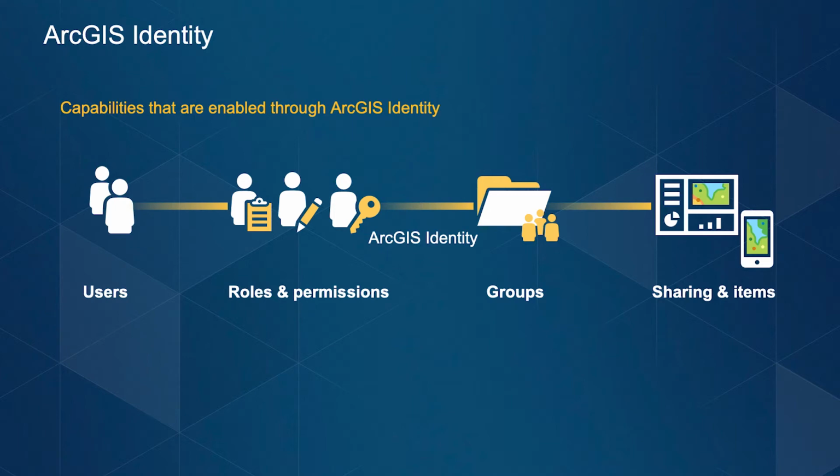And we also have a concept of groups in ArcGIS, which enables users to share and access items within those groups and share items with each other. And there are also different levels of sharing that can be granted within those groups. Now, this is important for you to understand because you might want to create a group in ArcGIS Online to share your application, your widget, or your solution or content with other users or customers in ArcGIS.